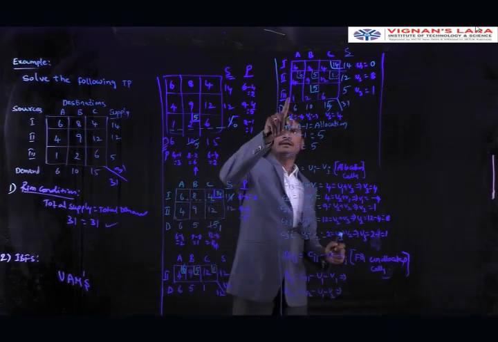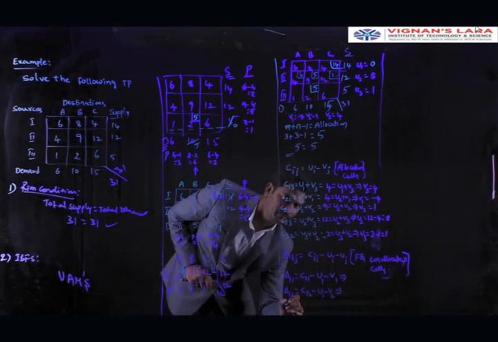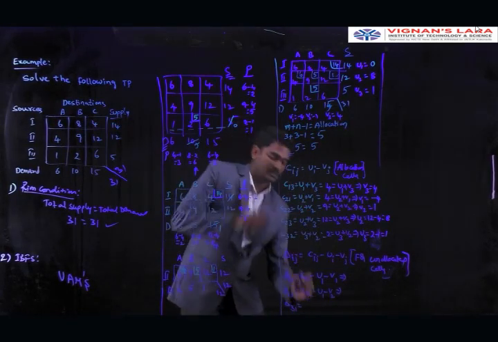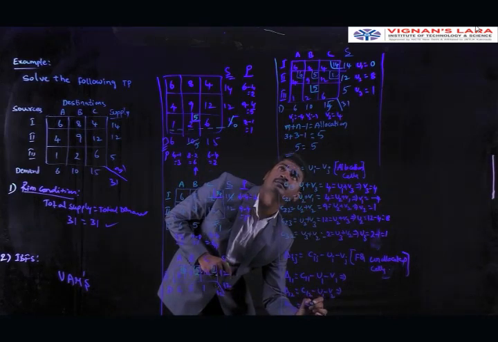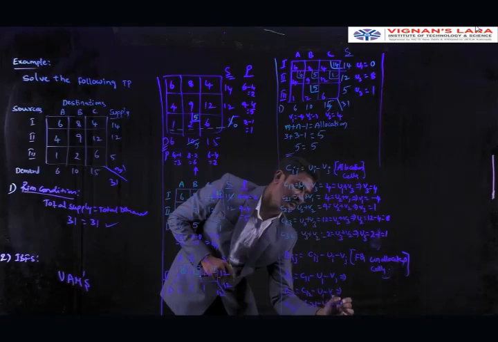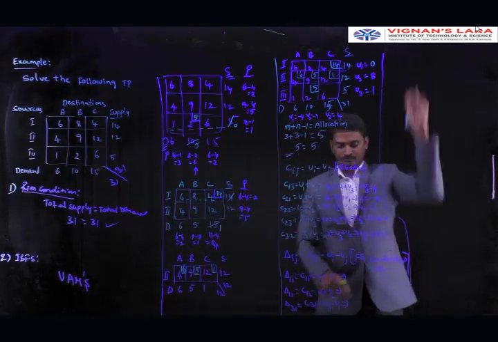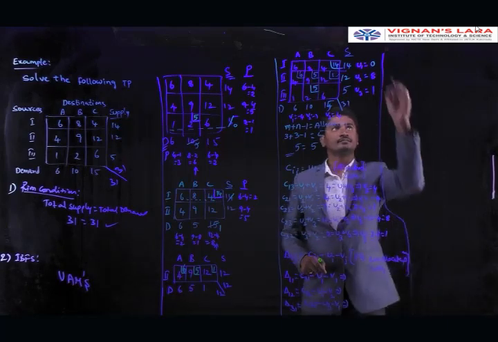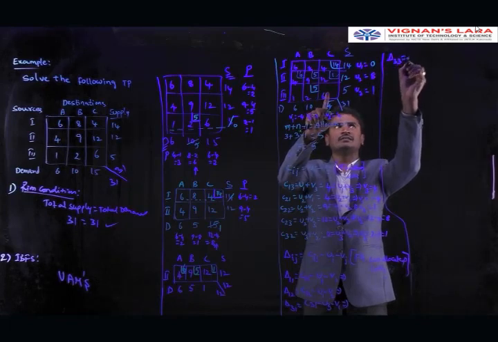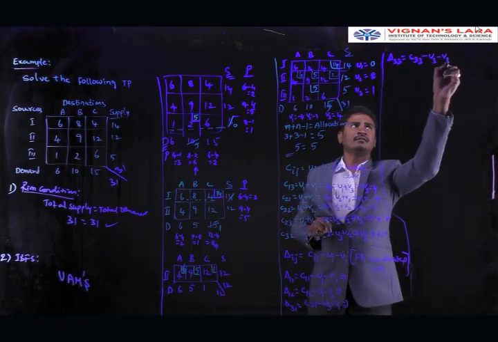Next, delta 31. Delta 31 is equal to C31 minus U3 minus V1. Next, similarly, delta 32. This one, delta 33. Delta 33 is equal to C33 minus U3 minus V3.